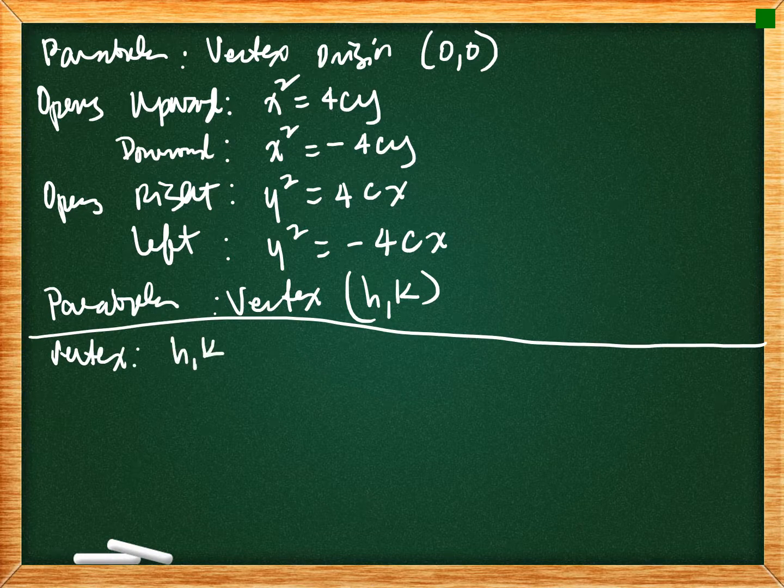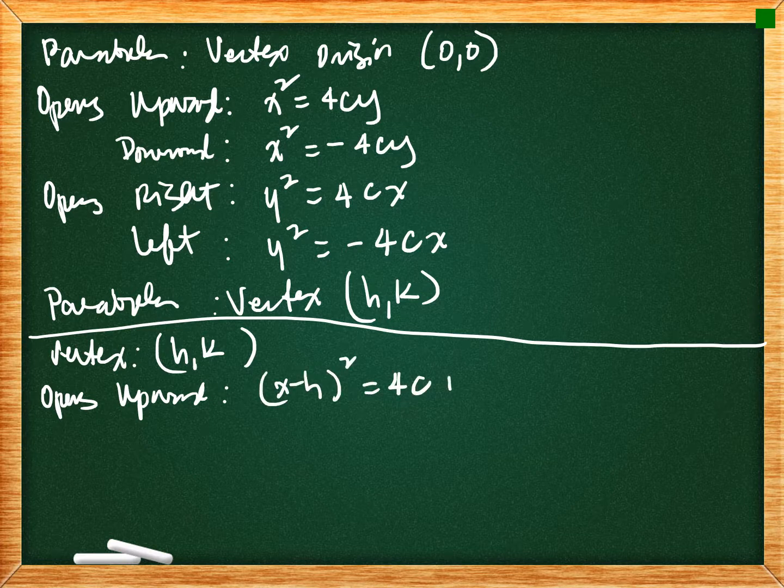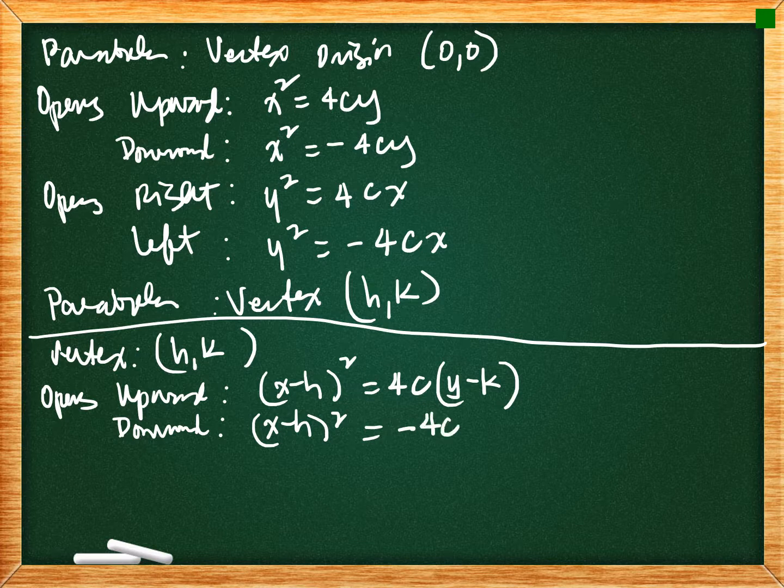is at HK, the equation of the parabola that opens upward would be x minus h quantity squared equal to 4c times y minus k. Okay? When it opens downward, this would become x minus h quantity squared, but this one is negative 4c times y minus k.